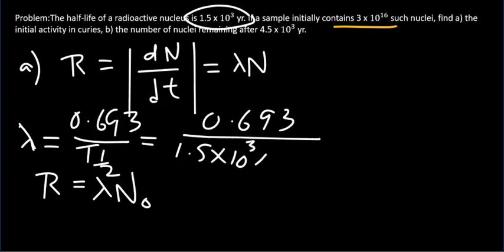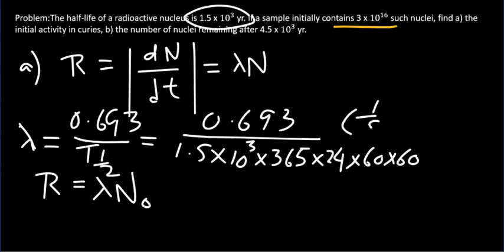Each year contains 365 days, and in each day there are 24 hours, and in each hour there are 60 minutes, and in each minute there are 60 seconds. So that is your decay constant in the unit of 1 over seconds. And the value for lambda will turn out to be about 1.46 times 10 to the power minus 11 per second.